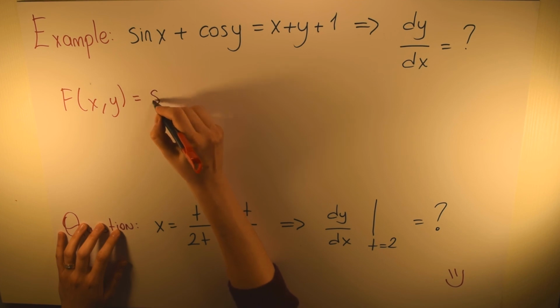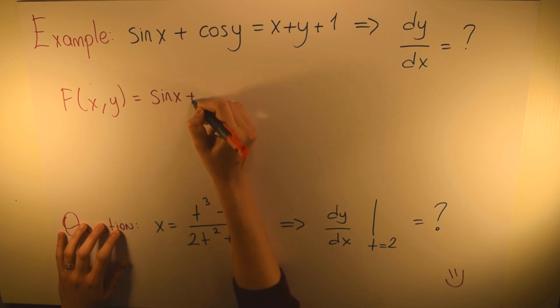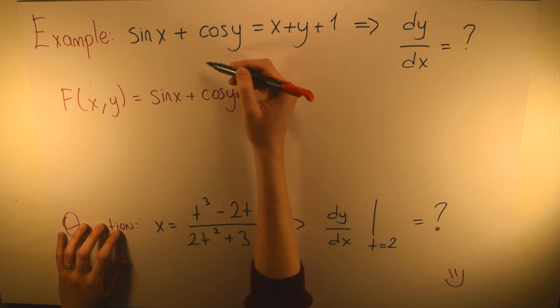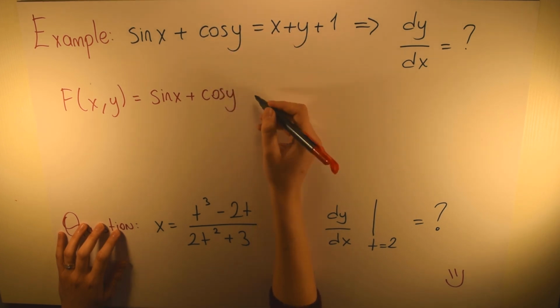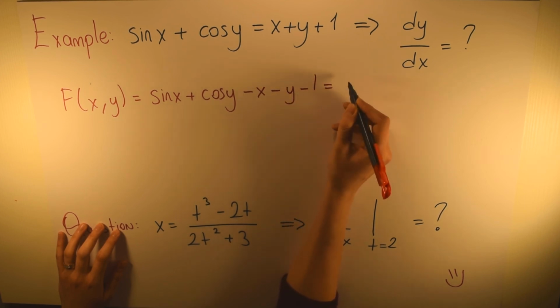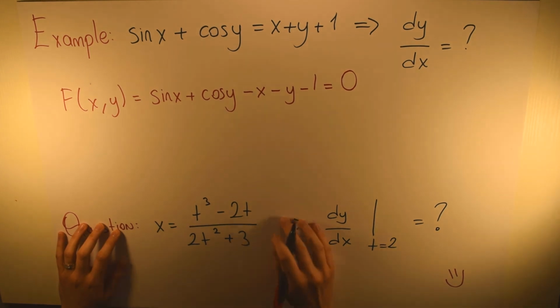So it will be sin x + cos y - x - y - 1, and these are all equal to 0.